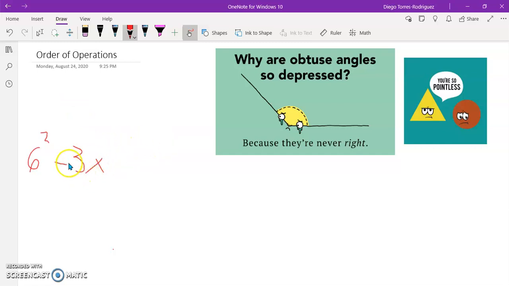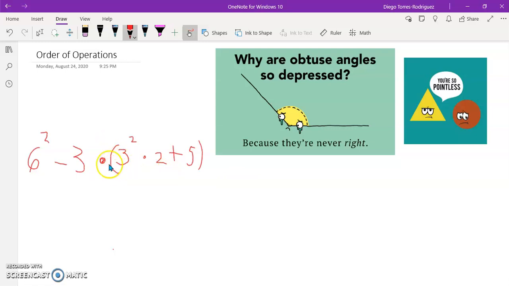It's going to be 6 squared minus 3 times, we'll use a dot to represent times, parentheses, 3 squared times 2 plus 5. We're not going to write x because y'all can confuse it with a variable. So you can see this is a more complicated example. It has multiple steps to it, but it's pretty simple once you get the movement of it.